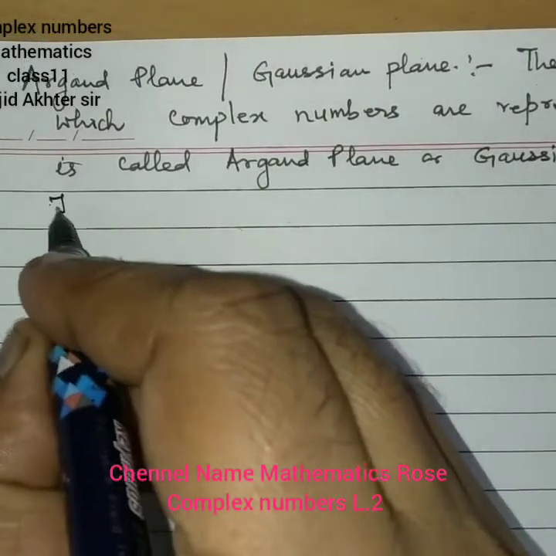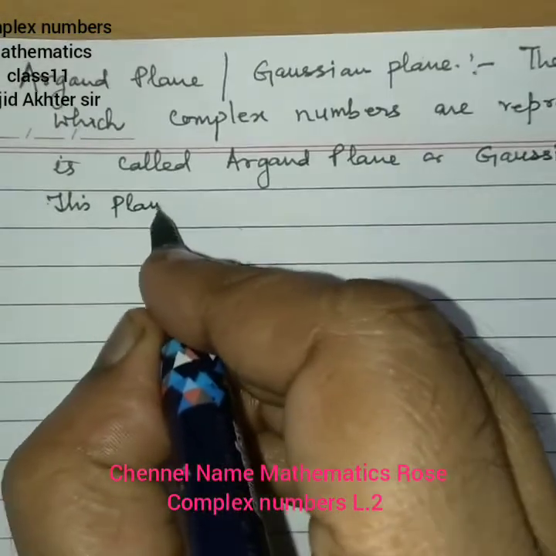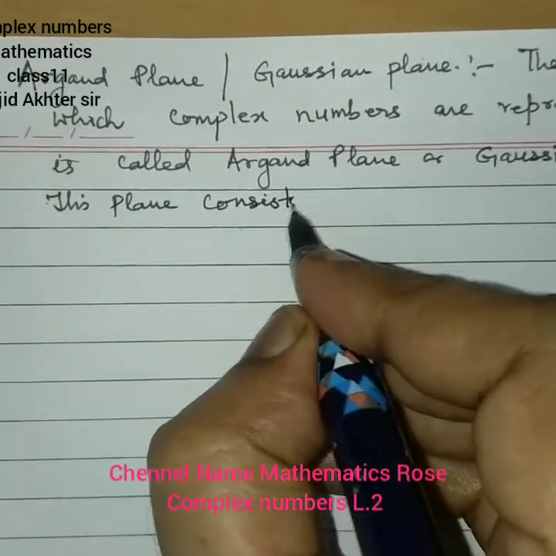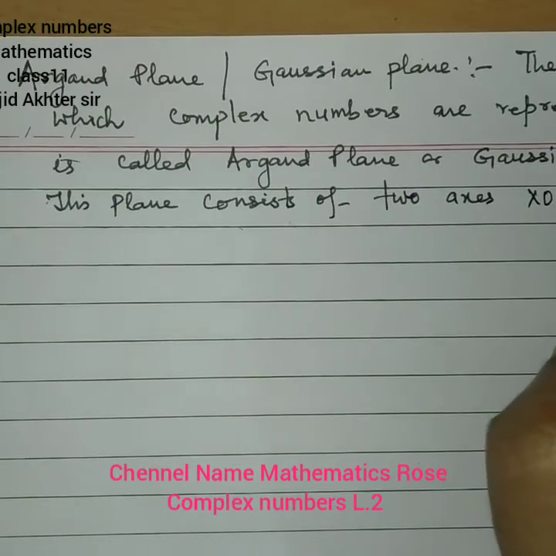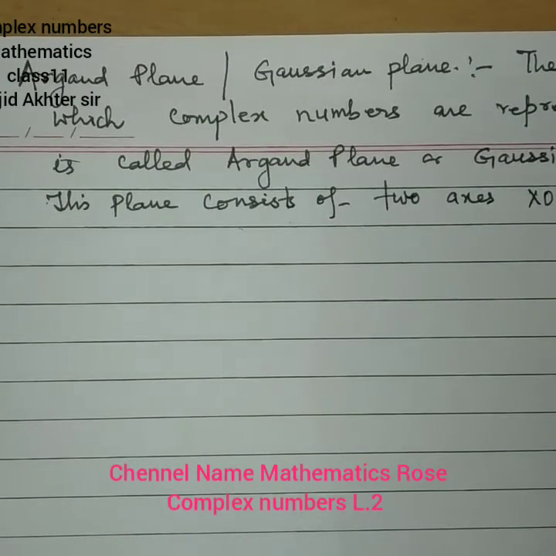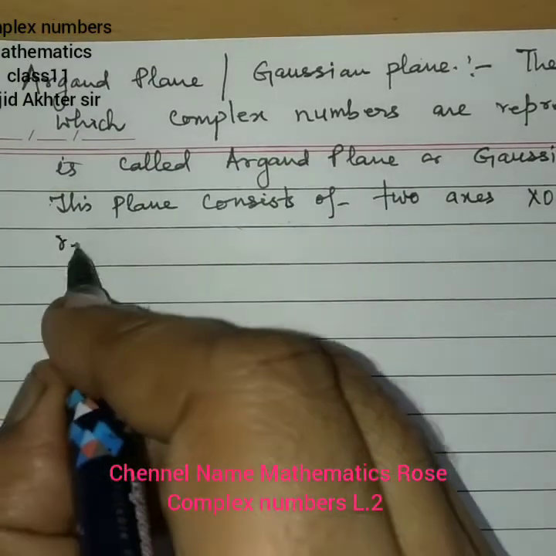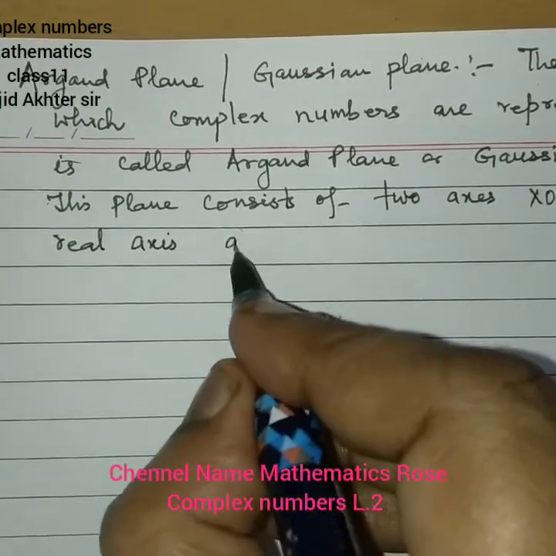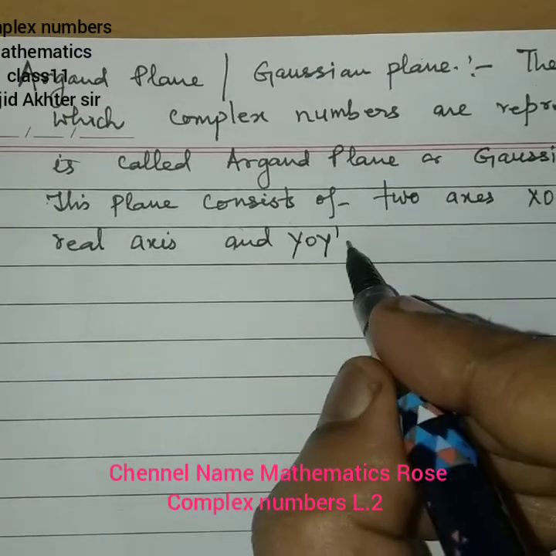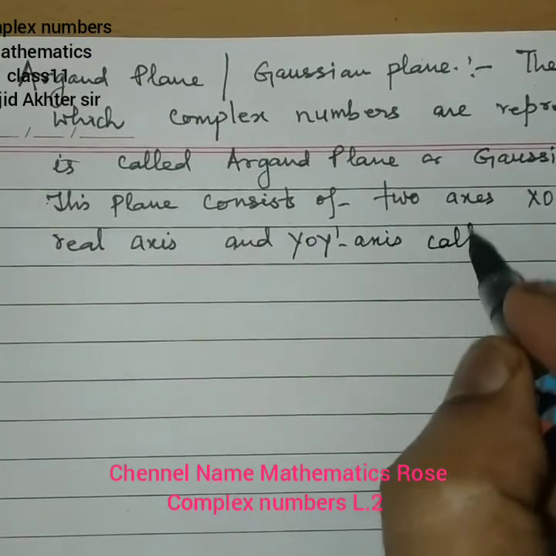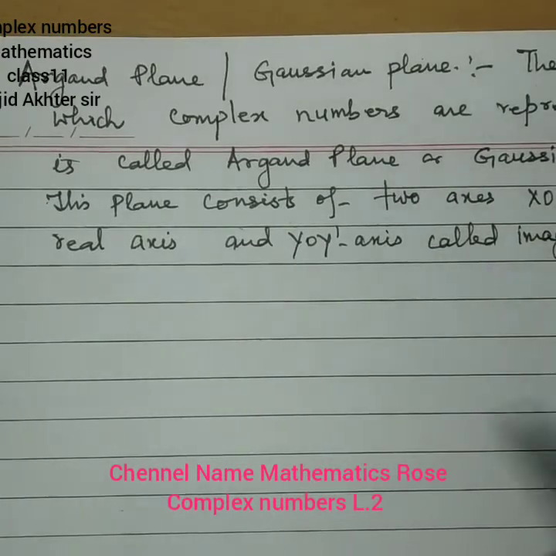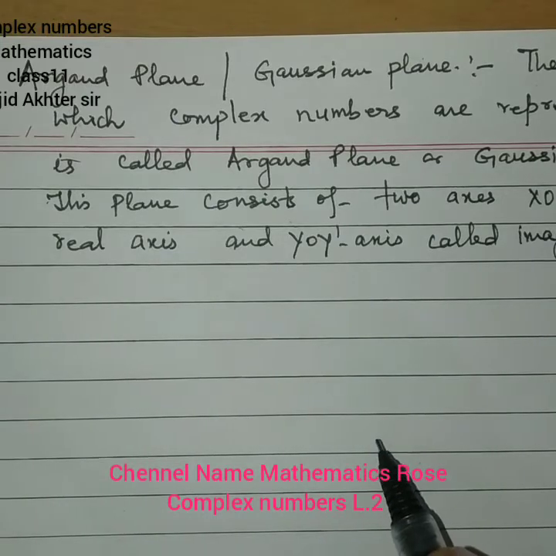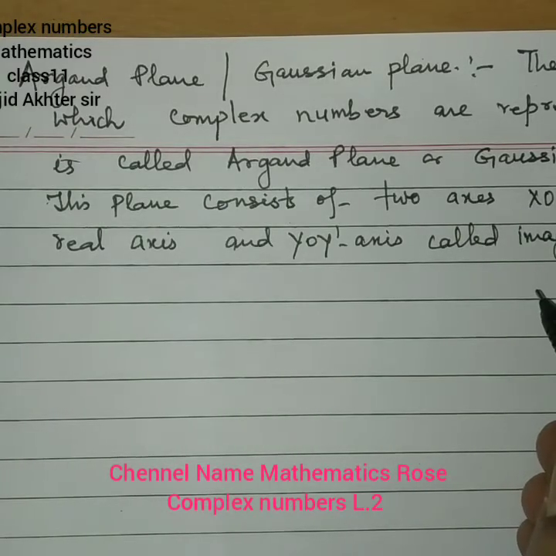This plane consists of two axes, x dash axis called real axis, and y dash axis called imaginary axis, because in x dash axis we will represent real numbers, and in y dash axis we will represent imaginary numbers, purely imaginary numbers.